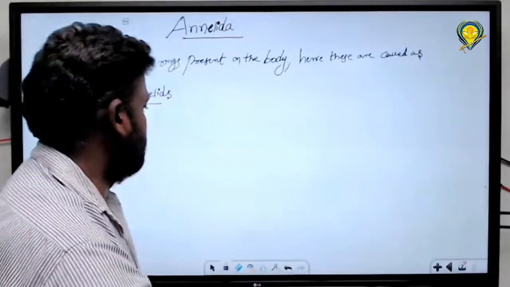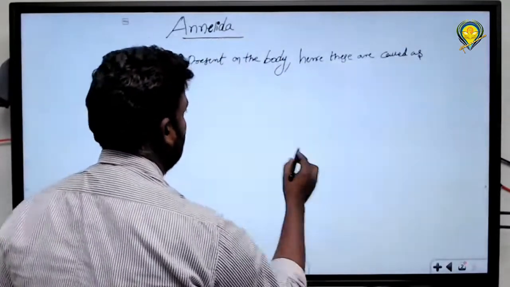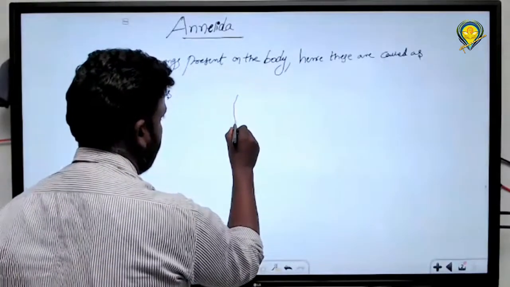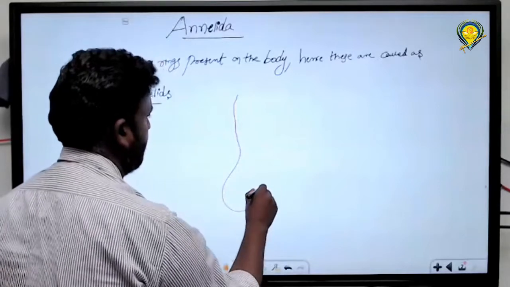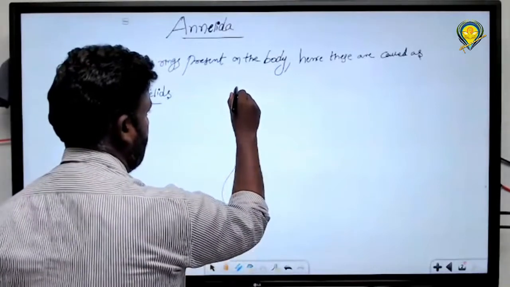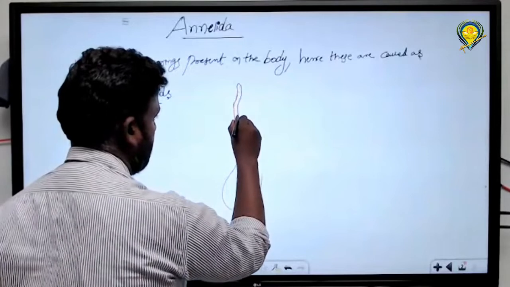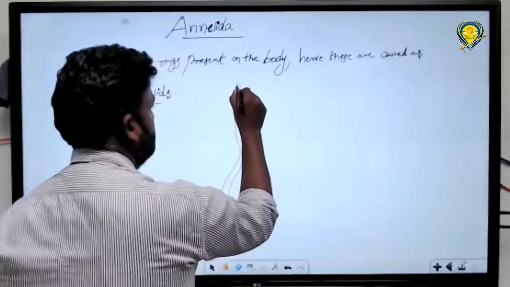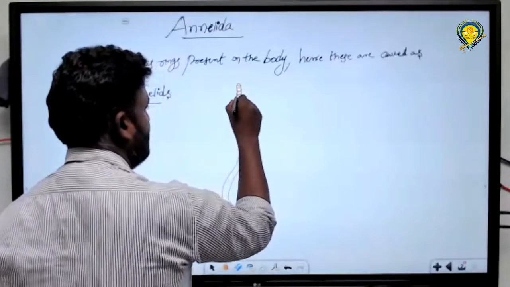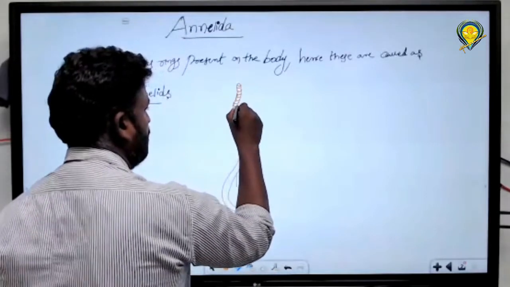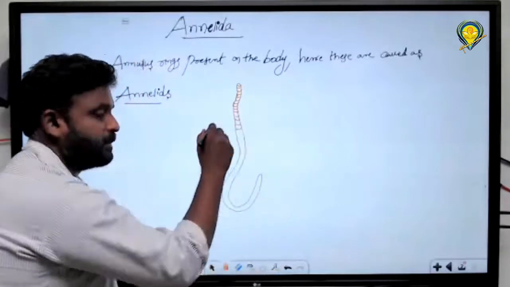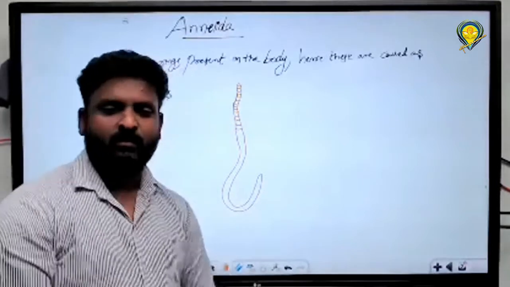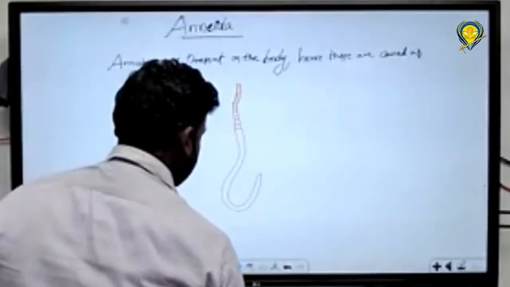Just imagine it's one of the animals. Just imagine here a number of annulus rings, right? Due to the presence of annulus rings, it was called as what? Annelida. Got it? Very good. Right? So next one.